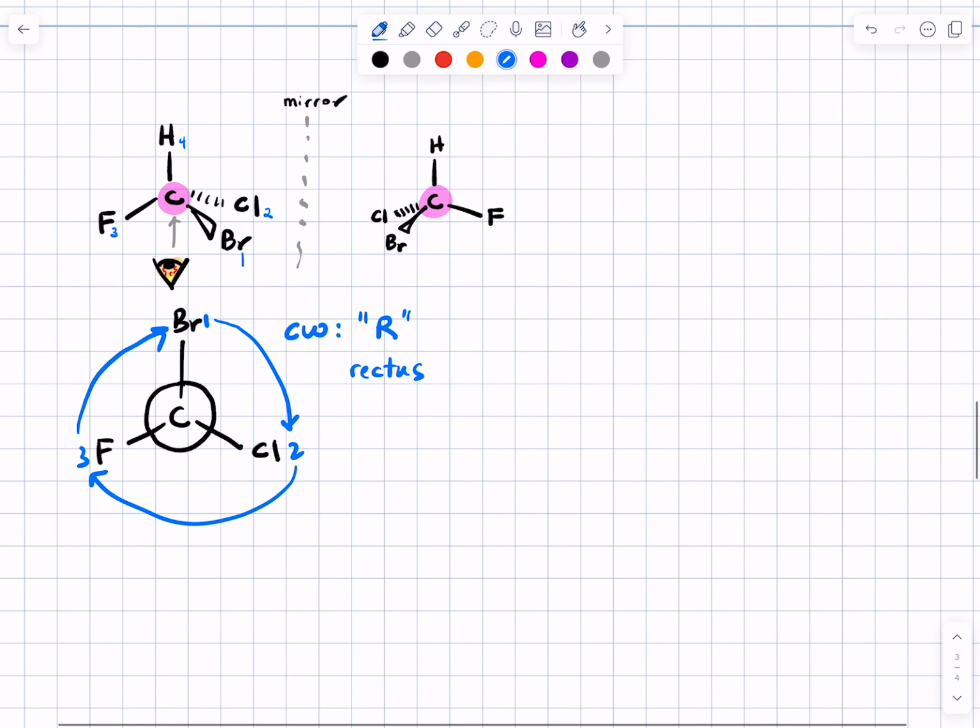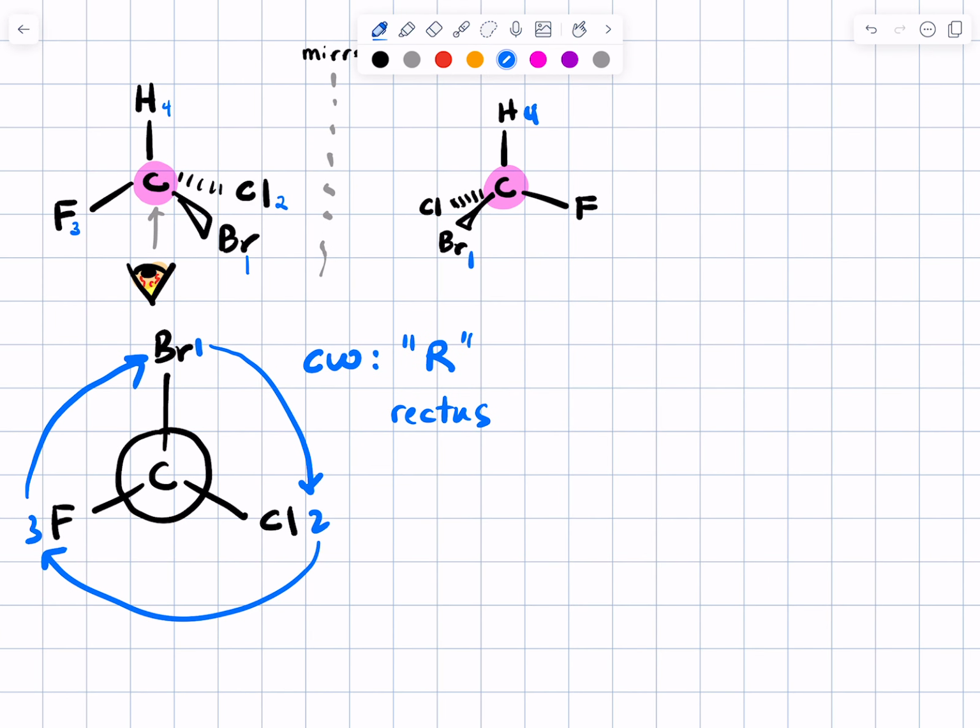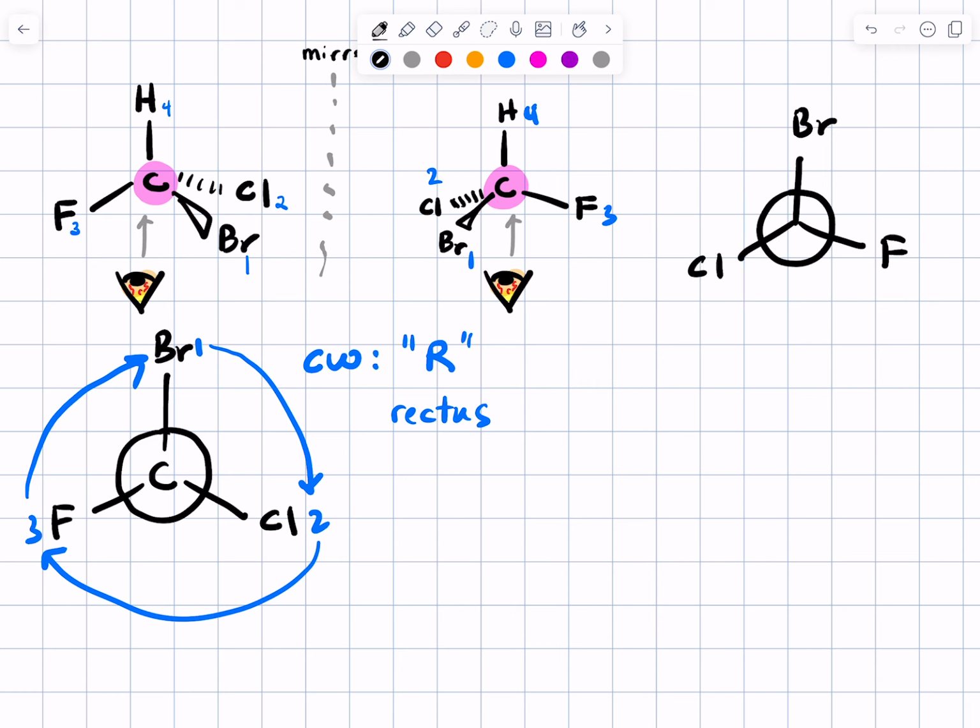And using a similar method, we can make the same type of assignment over here for the other enantiomer. If you did that and used our same Newman projection method, oops, I just want to copy, not move, then you would see, again, a bromine here, a fluorine to the right, and a chlorine to the left. 1, 2, 3, an arrow from 1 to 2, from 2 to 3, from 3 back to 1.